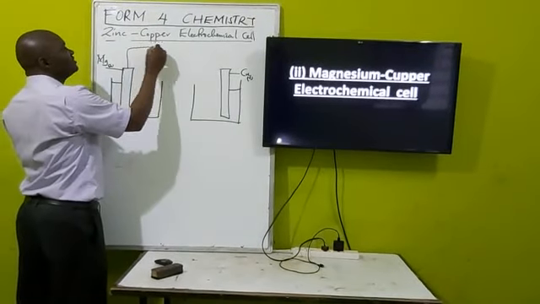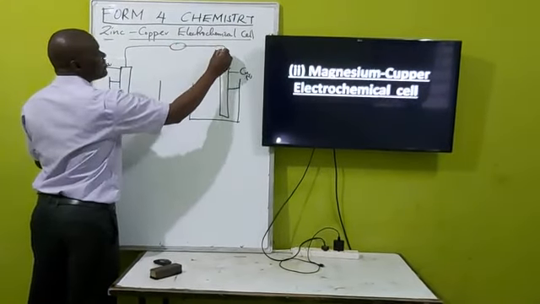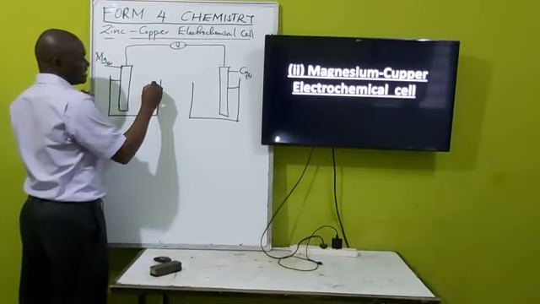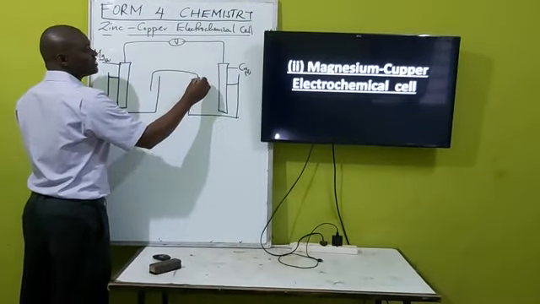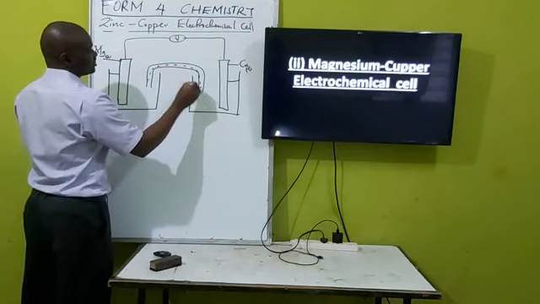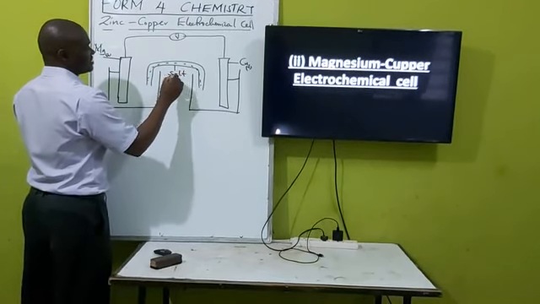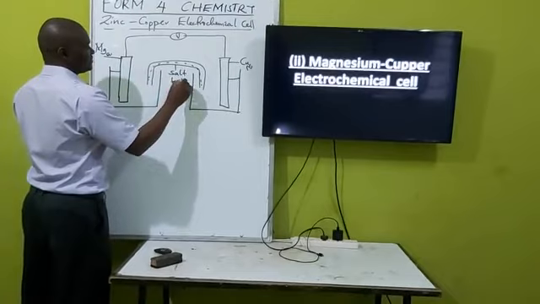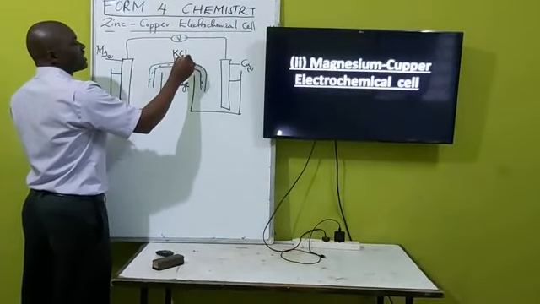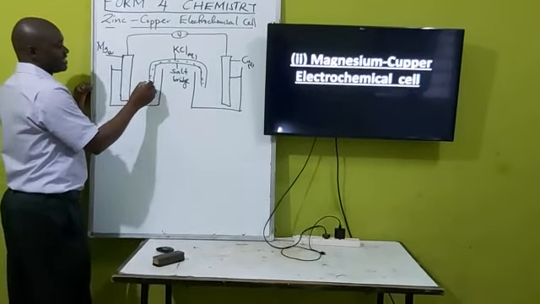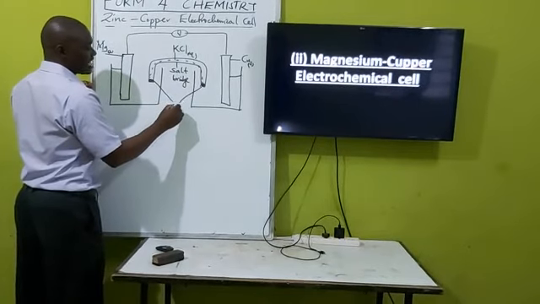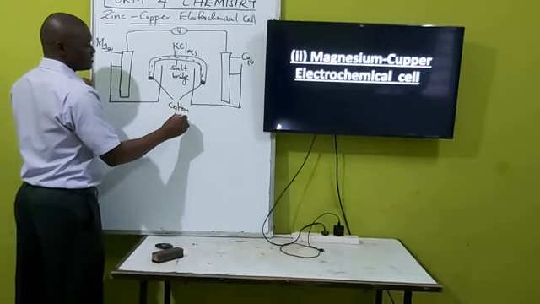Then we connect them using a conducting wire and a voltmeter. Then we connect the two solutions using a salt bridge. So this is our salt bridge. Inside the salt bridge we can place potassium chloride solution, and we block these two ends using cotton wool.